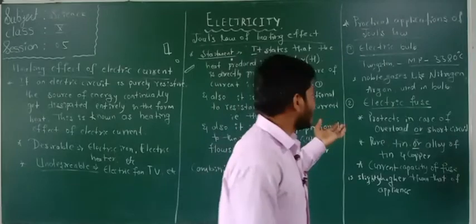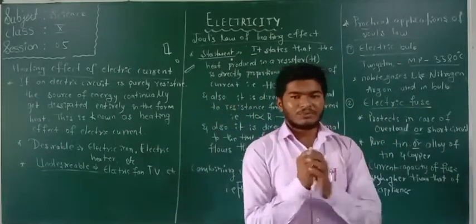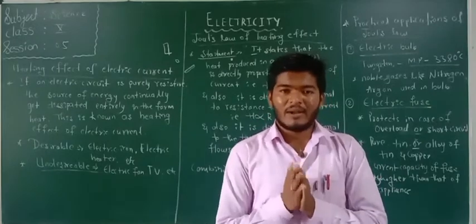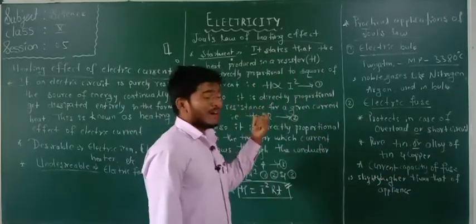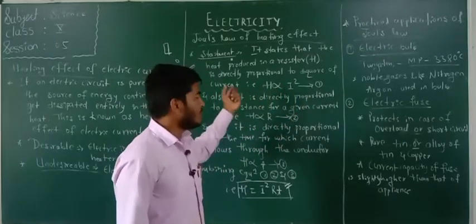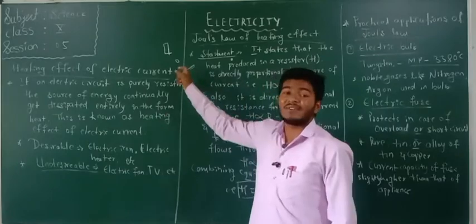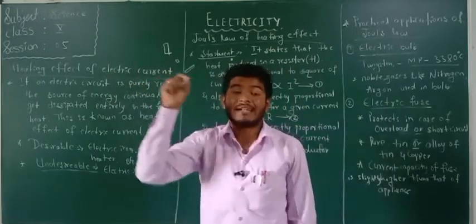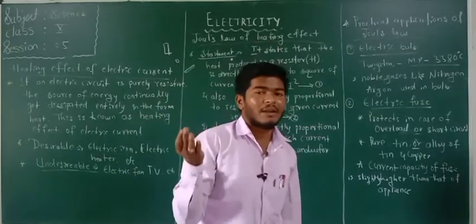If we want to protect our devices in the case of short circuit or overloading, we should use fuses. Why? This fuse wire is made up of an alloy of tin and copper, or of tin. Why? Because it has a very low melting point.